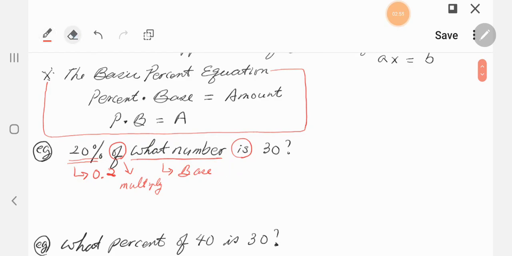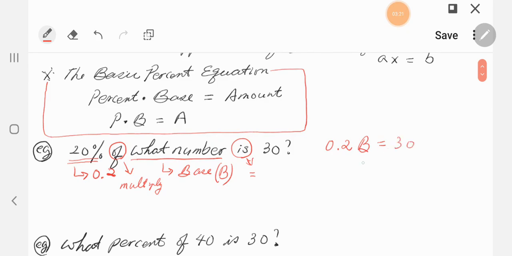So 20% of one number is 0.2 times b, and is means equal sign. So 0.2b is equal to 30.